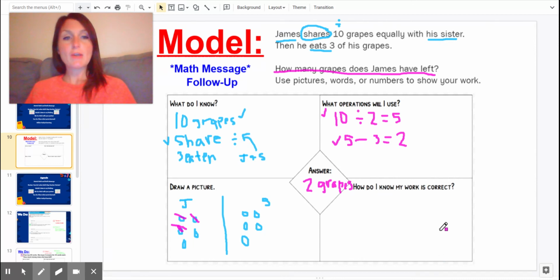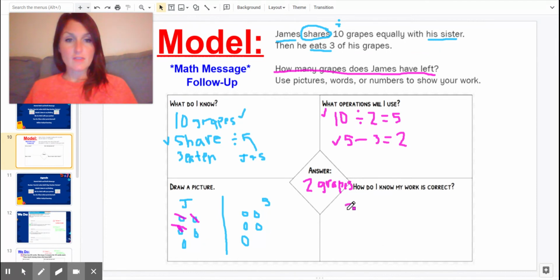Now it says, how do I know my work is correct? Well, when I looked back through here, I was able to reread and check these. I drew my picture here, which is helpful. So this can be a tricky one to kind of work out. Don't spend too much time about how to word this, but just make sure you're going back through and sharing it.